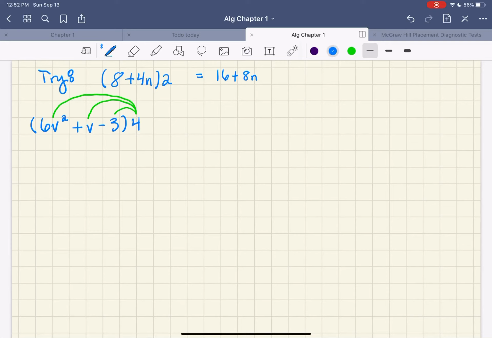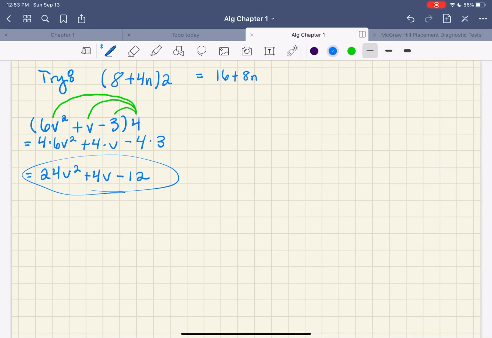When we do that to all of them, we get 4 times 6v squared plus 4 times v minus 4 times 3, basically, which gives me 24v squared plus 4v minus 12. That would actually be my final answer. There's no way that I can simplify these anymore because I have v squared and v, and those are not compatible. They are not able to be combined.